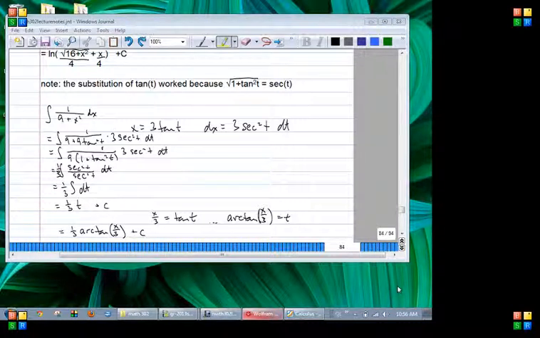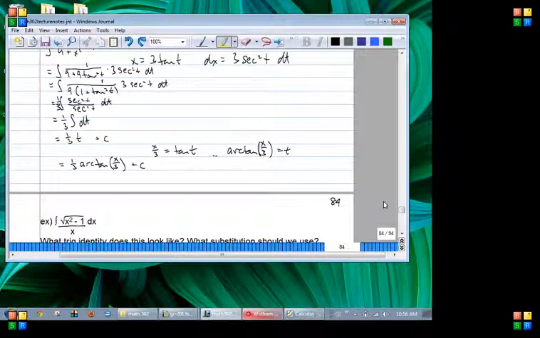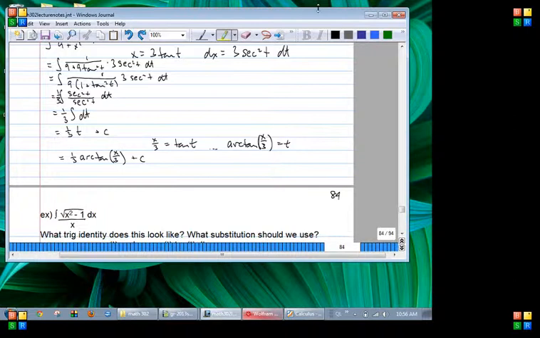So far we've used 2 trig identities, but there's one more. And we can see another type of integral that will let us solve. So the integral of the square root of x squared minus 1 over x dx. Which identity does that look like?